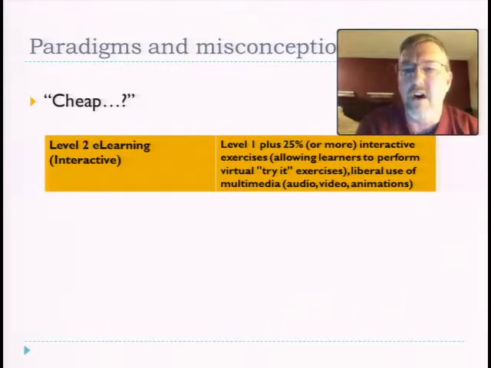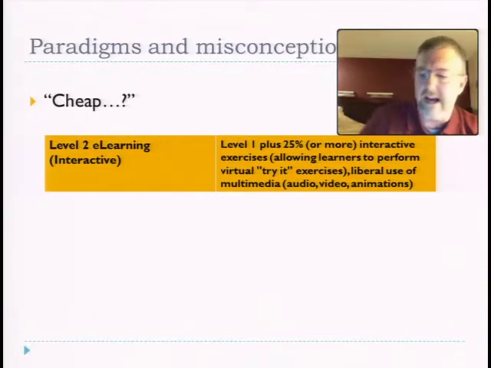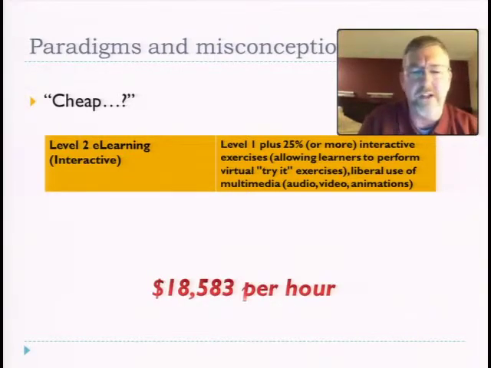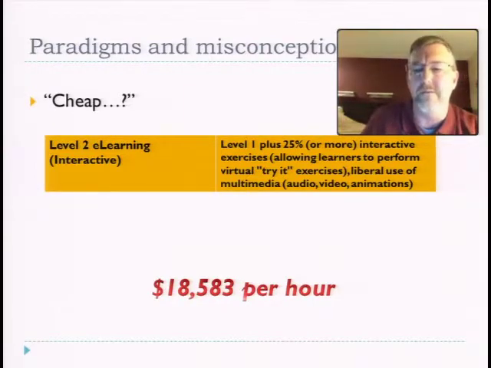For example, every slide might be narrated. There's some embedded video. There's some animations that start upon start of the slide, things like that. And Brian found in his research that it costs over $18,000, tangible and intangible dollars, to create 1 hour of level 2 e-learning, because you're using some considerable software, you're taping audio.